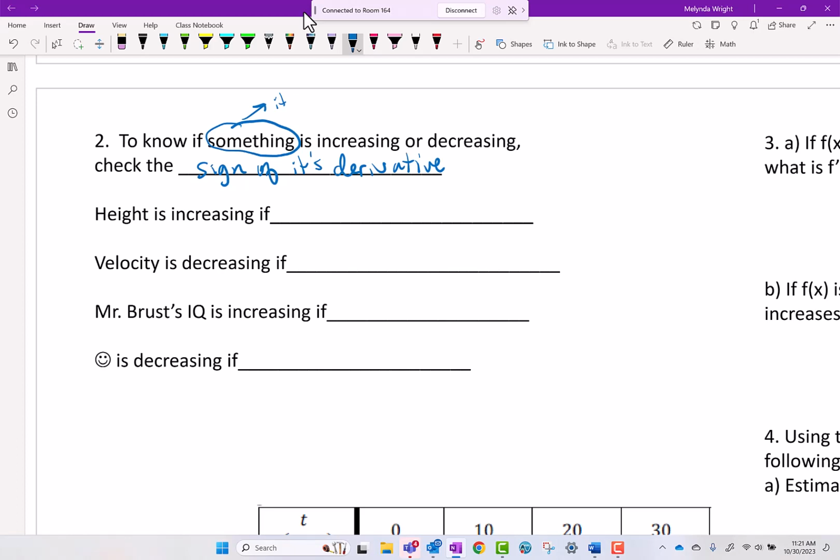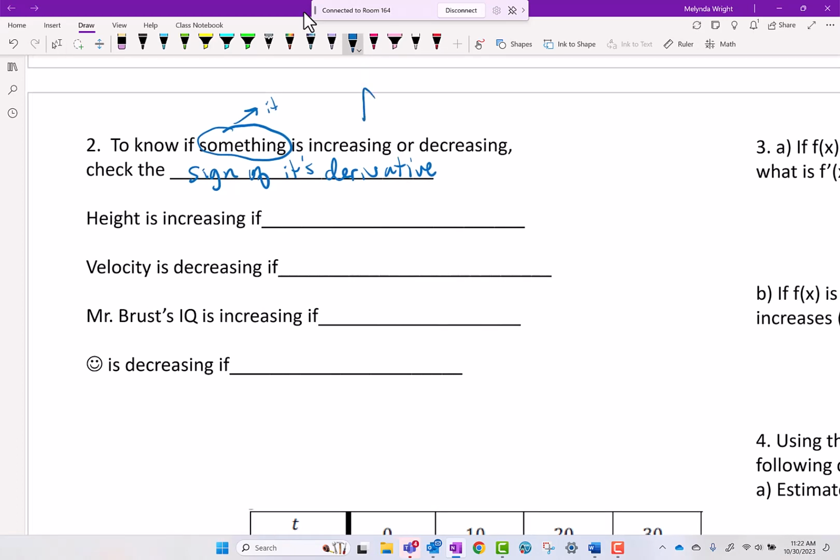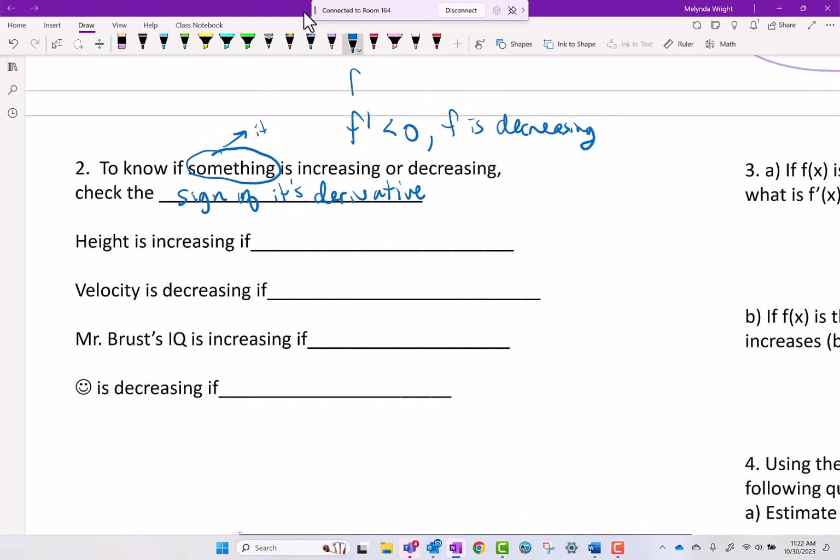Have we talked about that before? Increase, decrease. If the derivative is less than 0, then what's happening? Then f is decreasing. If the first derivative is greater than 0, then f is increasing. So that's what the first derivative does for us.